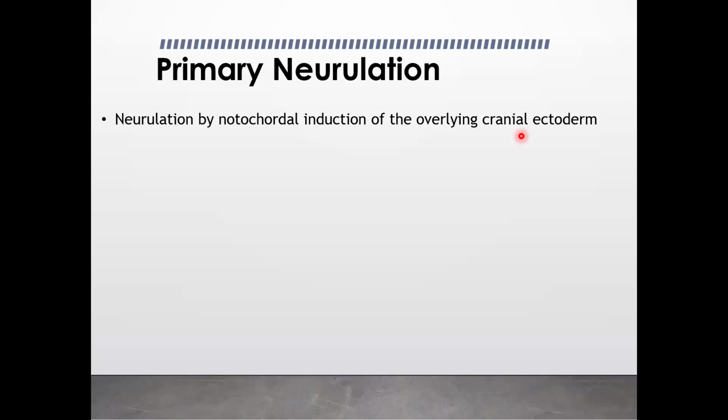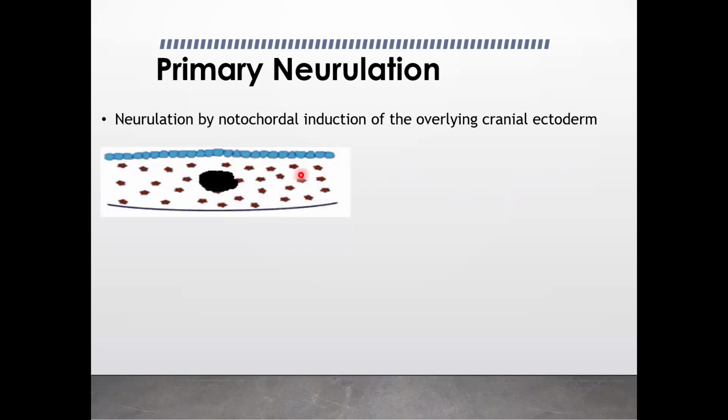That is the reason it's called junctional neurulation, because it's joining the primary neurulation neurotube and secondary neurulation neurotube. So I hope you get that concept. At this point, we've already talked about this primary neurulation coming across due to notochordal induction of the overlying cranial ectoderm.